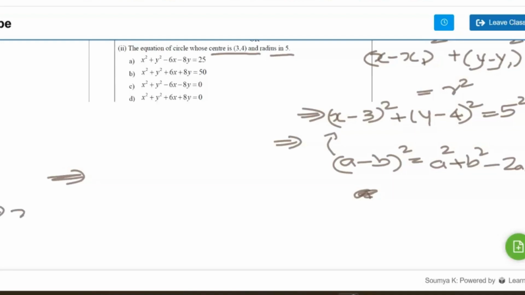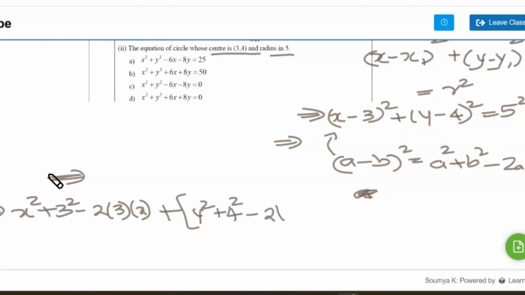In that case it will be x square plus 3 square minus 2 into 3 into x, or x into 3, both will give you the same answer, plus y square plus 4 square minus 2 into y into 4.